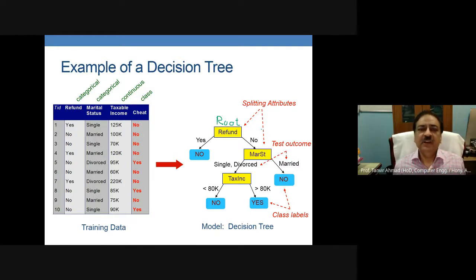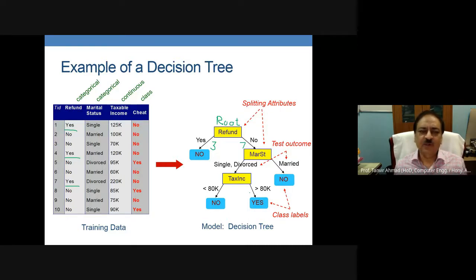If I have refund, obviously there are only 2 possible outputs, yes or no. If I take the yes branch over here, there are 3 yes values and 7 no values. Therefore, this will have a 3 over here and a 7 over here. That means the split will be 3 and 7.